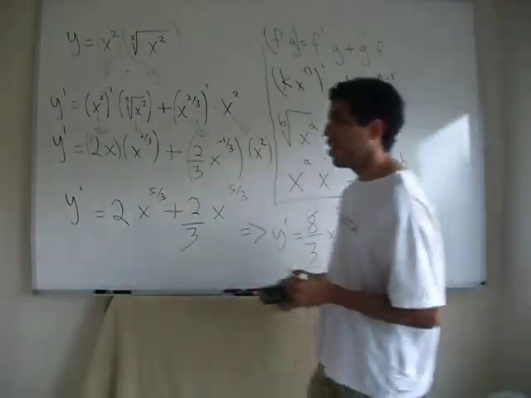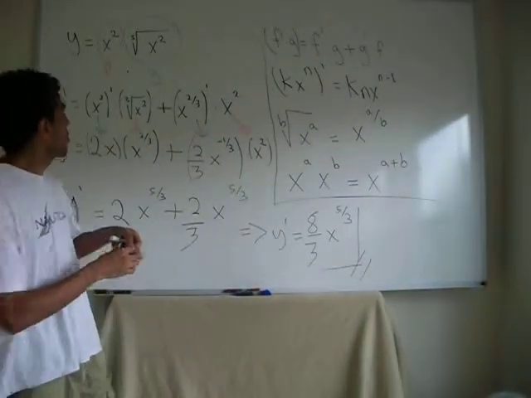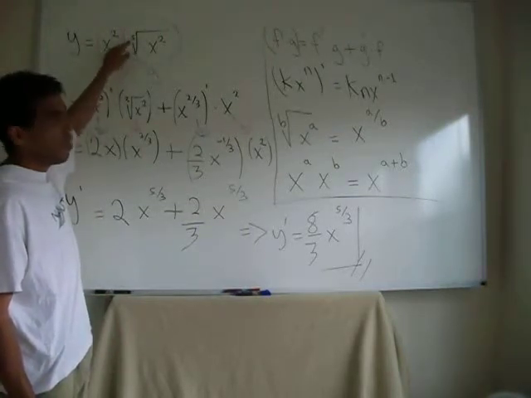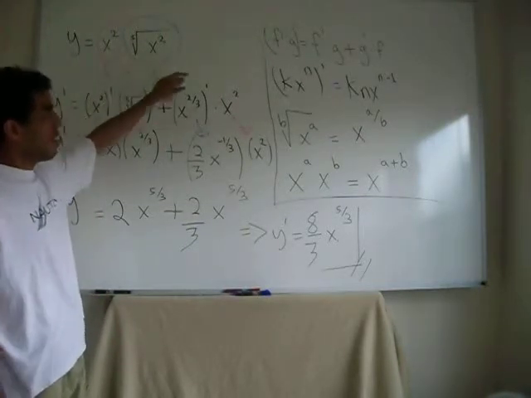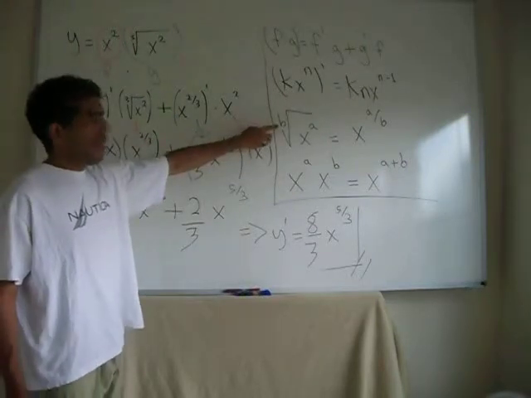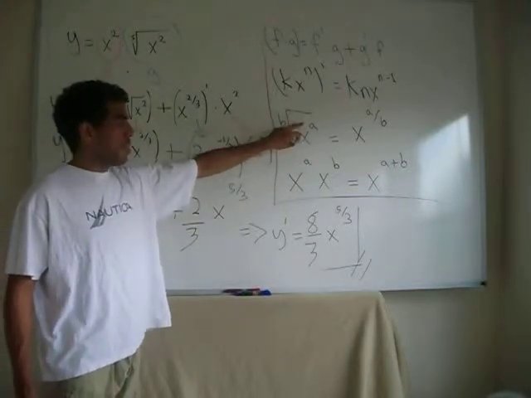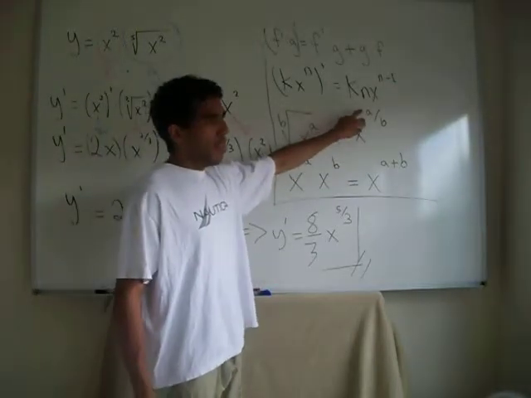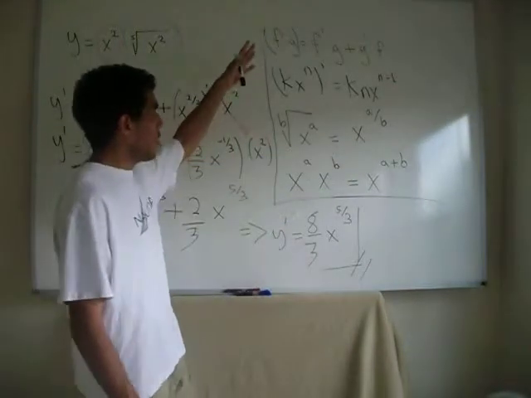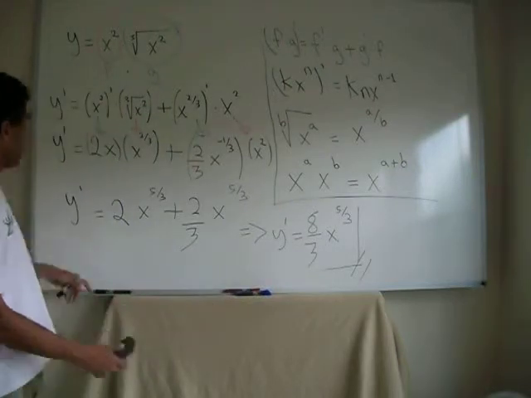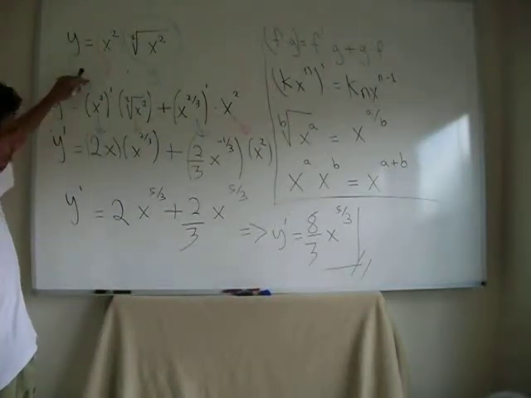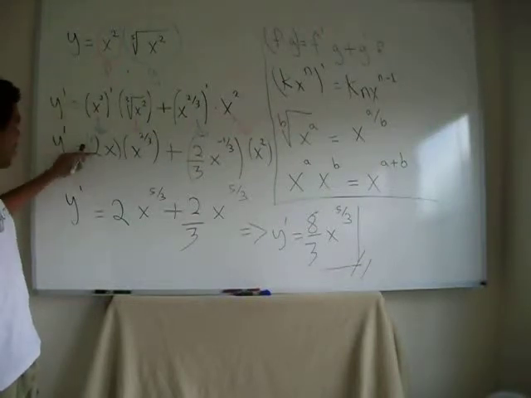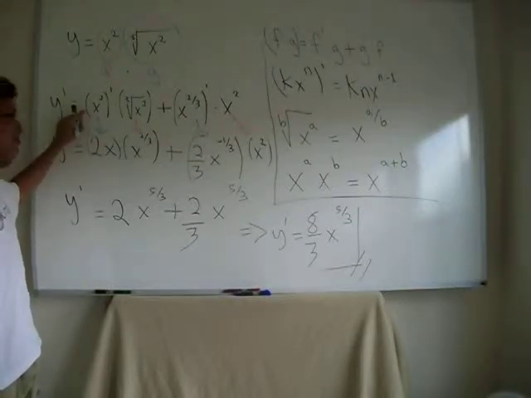Let's go over it just one more time. The function is x squared times cubic root of x squared. As I said before, when you have b root of x power to a, it's the same thing as saying x power to a over b. And the rest is just the derivative rules, okay? So we do y prime, derivative of a product. First derivative, 2x is the derivative of x squared.